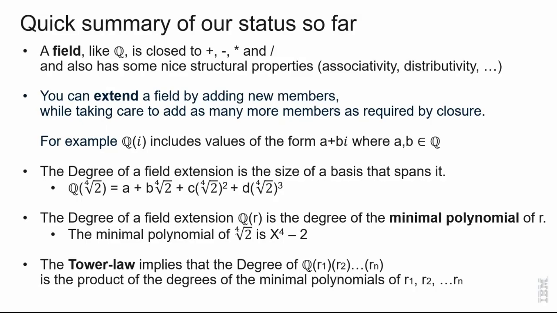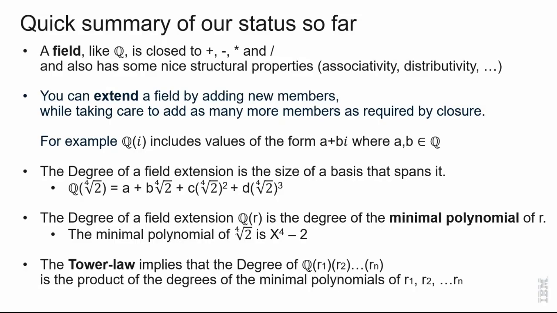And we saw an alternative definition, which might be simpler to compute: if you extend the rationals with the root R, the degree of the field extension is the degree of the minimal polynomial of R. In our case, extending the rationals with the 4th root of 2, the minimal polynomial was x to the 4th minus 2. This has degree 4, so the degree of this field extension is 4.